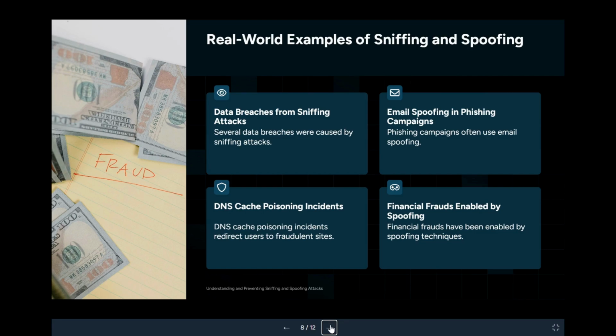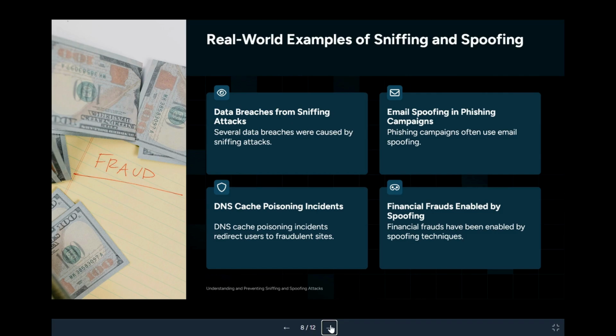Sniffing and spoofing have caused major incidents worldwide. These are some real world examples of it. Data breaches occur when attackers secretly capture sensitive data. Phishing campaigns rely heavily on email spoofing to fool users. DNS cache poisoning can push people onto fake websites without them realizing.